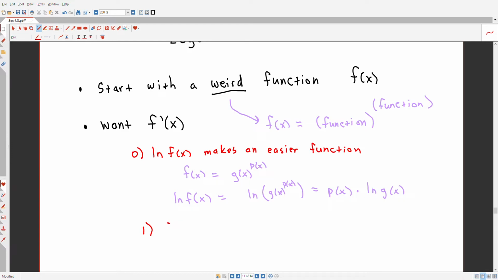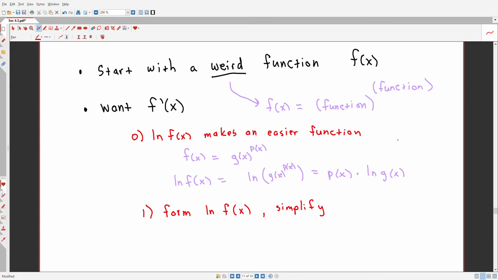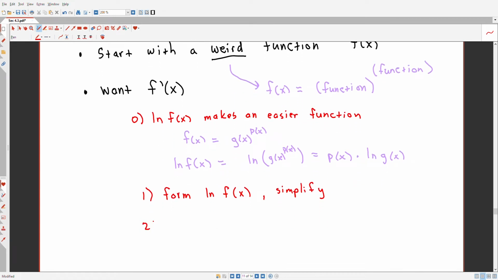I'm going to first form the new function, the natural log of f of x, and then simplify this using log rules. And now differentiate this new function, the natural log of f of x.